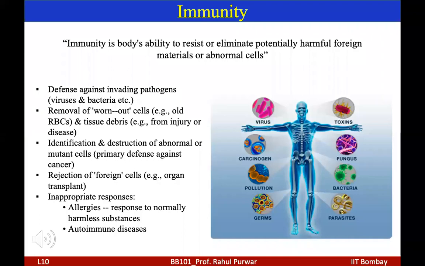So in brief, our immune system keeps us safe from potentially harmful antigens, but sometimes inappropriate activation also occurs that can cause allergies, which is activation of the immune response against harmless substances. But sometimes it can get overactivated and start killing our own tissues. That is called autoimmune disorders.